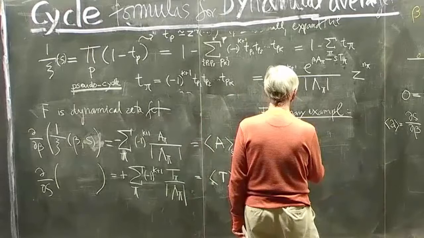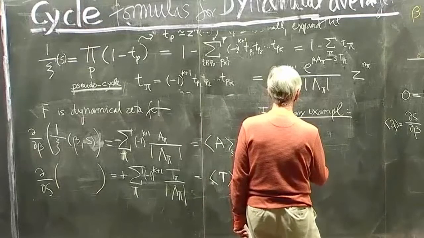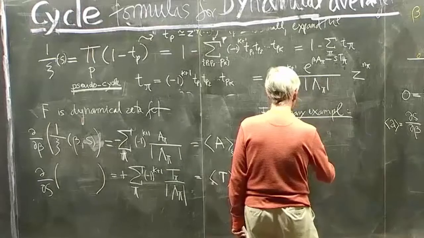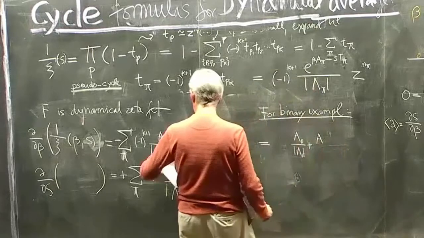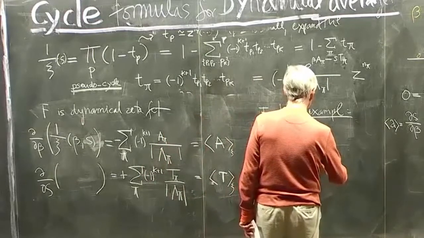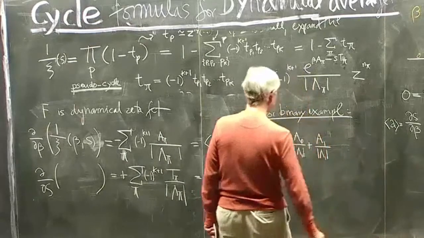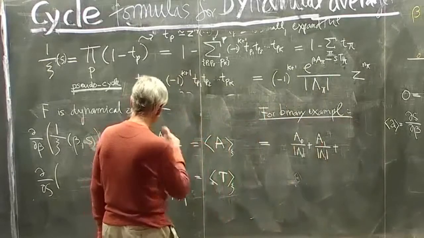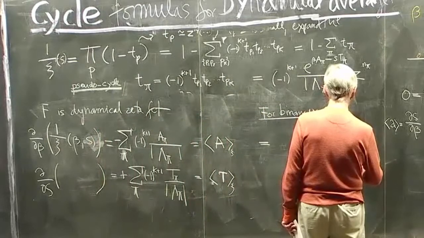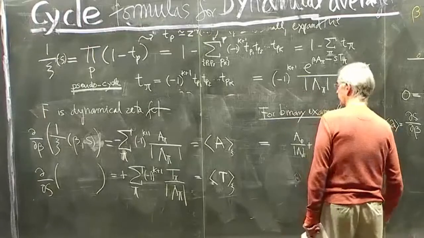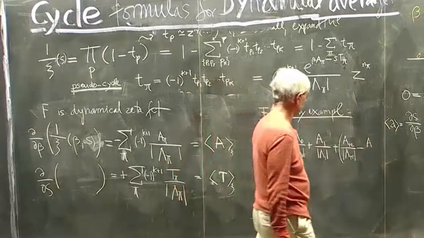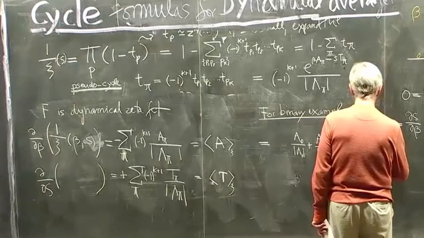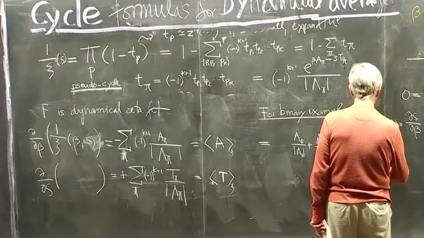Compute your observable on a fixed point, fixed point 0, divide by the stability of the fixed point, plus compute it on the other fixed point, divided by lambda 1, the stability of that fixed point, plus computed on the 2 cycle, divided by the 2 cycle, minus, now remember these guys add in pseudocycles, minus computed on one fixed point, computed on the other fixed point, multiplied by the weight of each one of them.